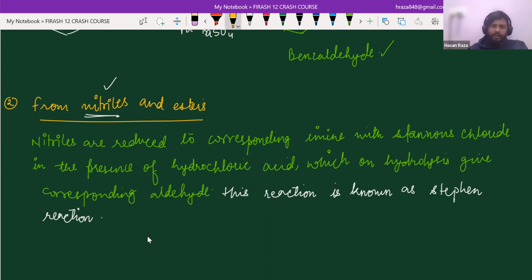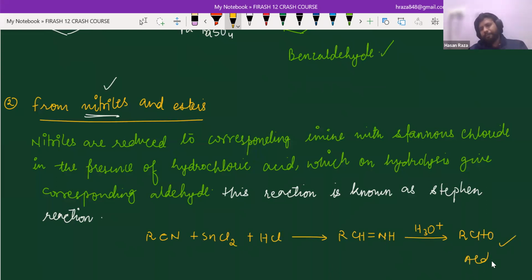I'm just going to write the reaction first in a better way, and then I'll explain the reaction as well. This is your imine, RCH double bond NH, which on further hydrolysis will give us aldehyde. So first write it, then I'll explain the reaction.